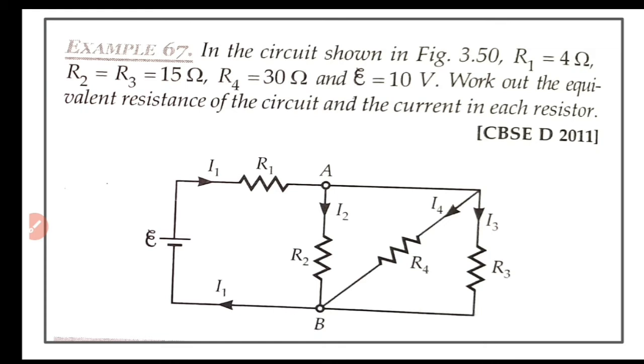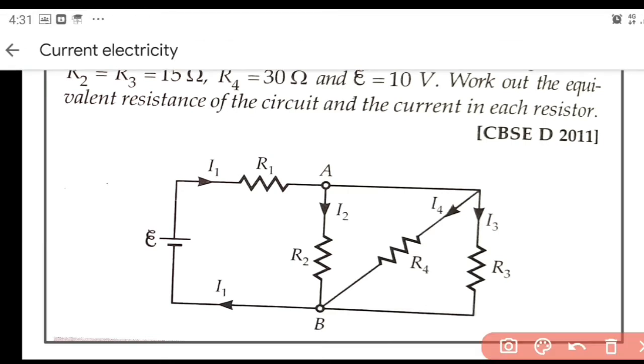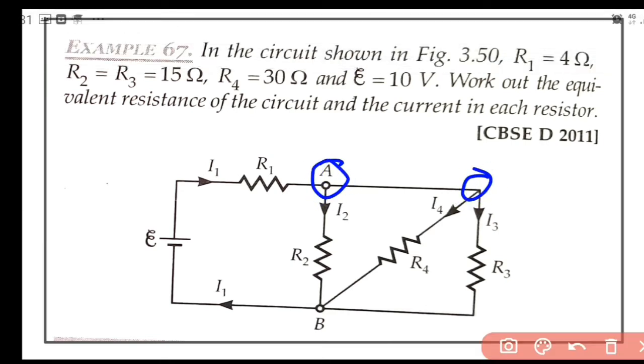So when we analyze the connection between A and B, you look between A and B, R2, then R4 also. So you should take care, this point and this point are same. Even if it is drawn like this, actually in between these 2 points nothing is connected, means these 2 points are at the same potential.